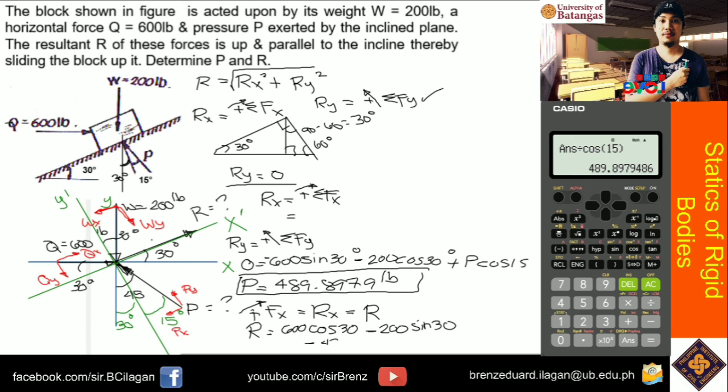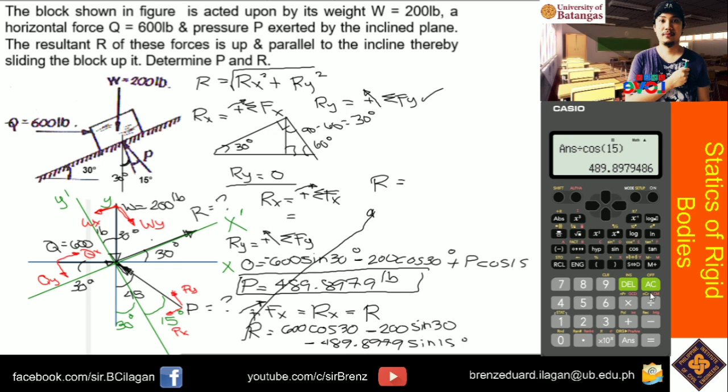So since may value na tayo ng p, so that is, lagay ko na lang dito sa baba, hindi na kasi kasya. So pasan ang direction niya, papunta rin doon. So minus 489.8979. So, paano mo makuha yung x? So, that is sine, okay? So, sine 15. Okay, so, pindutin lang natin. So, lagay ko na lang ang sagot dito, ha? This will be the value of your r. So, pindutin mo lang sa calcu.